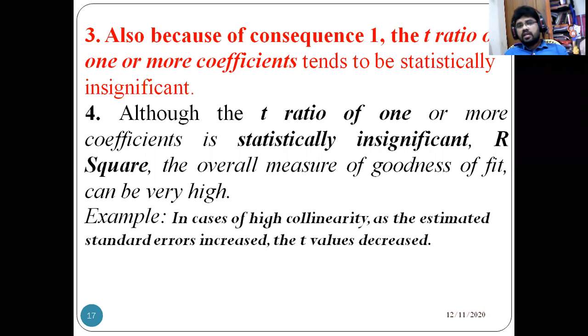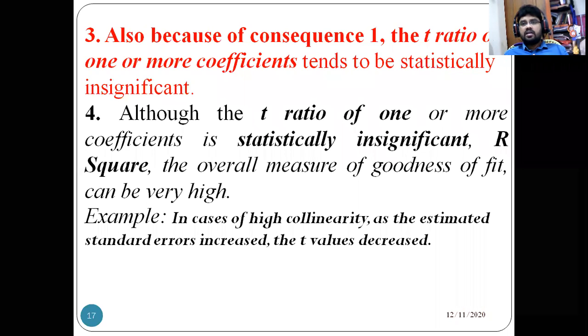For example, in case of high collinearity, as the estimated standard errors increase, the t value decreases. Generally, as the standard error value increases, the t value decreases. In that case, when the standard error of a particular coefficient is less, we will get that the particular variable is significant.